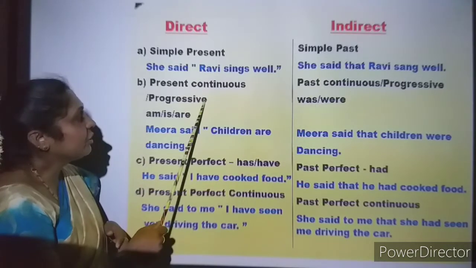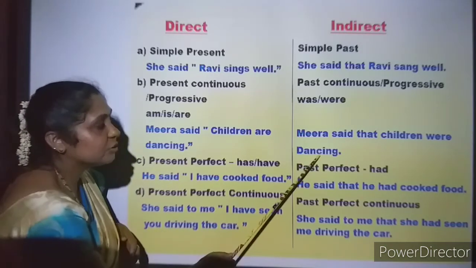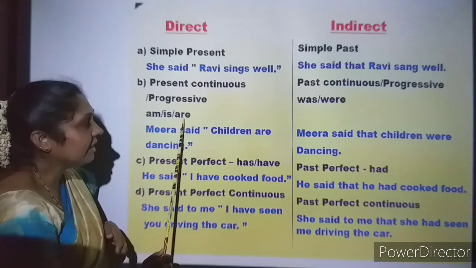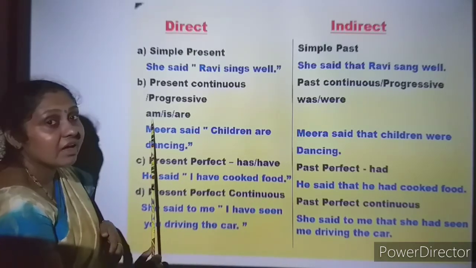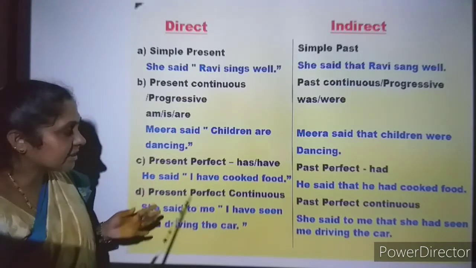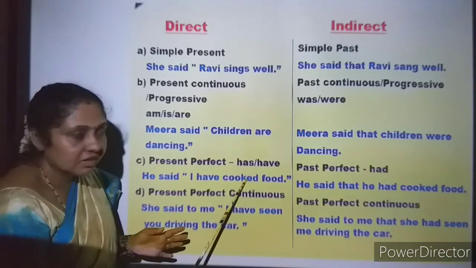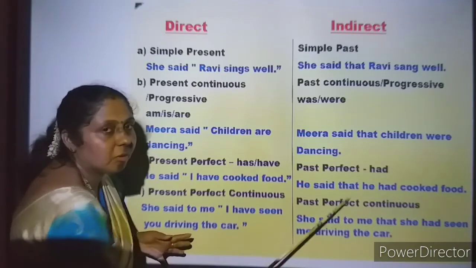Now when it is continuous or progressive, you will have the ing form with the help of am, is, are. Here it is was, were, the past tense of am, is and are. Here I already explained has, have, and the past participle form of the verb. Here also it is had and the past participle form of the verb.